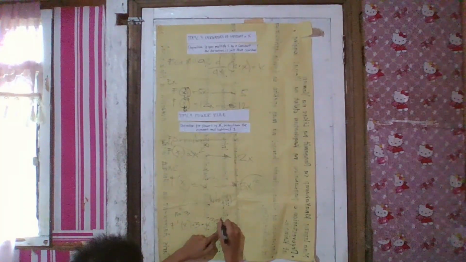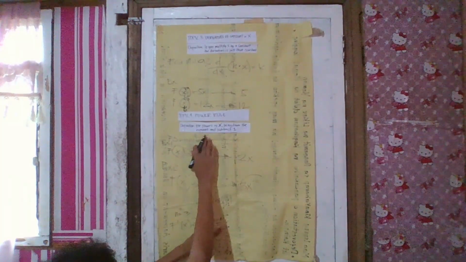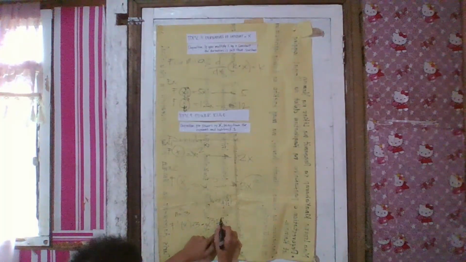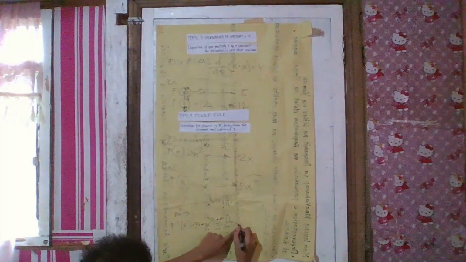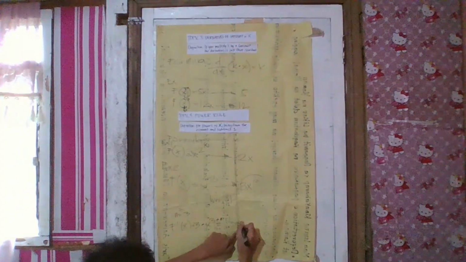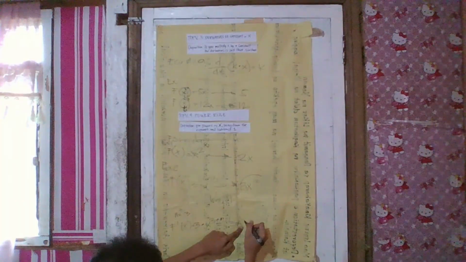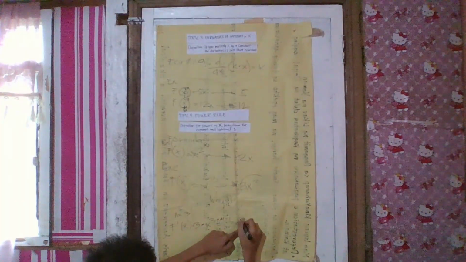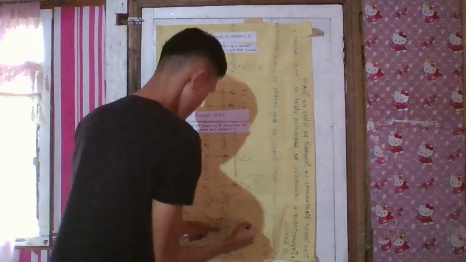The rule says bring down the exponent and subtract 1. 3 minus 1 equals 2. That's why 3x squared. Okay, that's all. These are the basic rules of derivatives. Thank you.